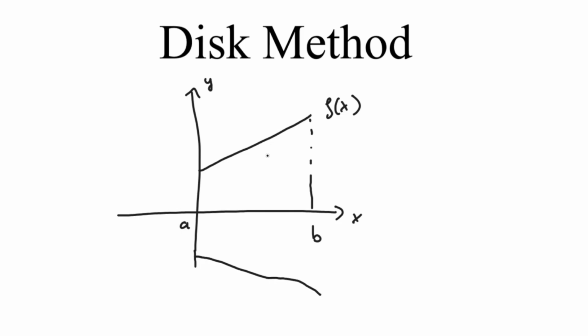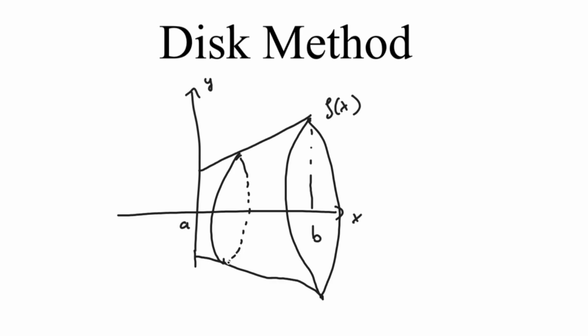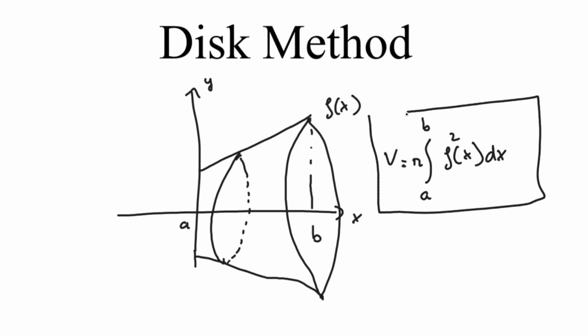You have to calculate the volume of this solid, and the volume is given by this formula: volume equals pi times the integral from A to B of f of x squared dx. This is the formula we're going to use.